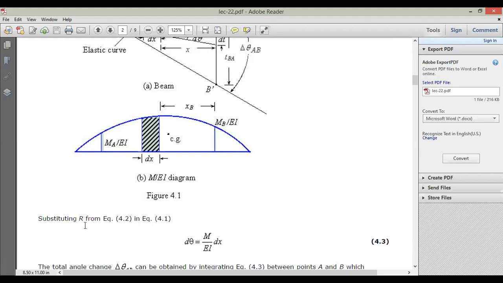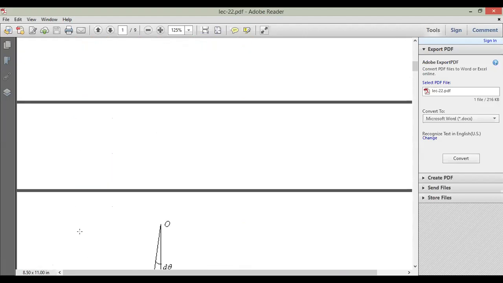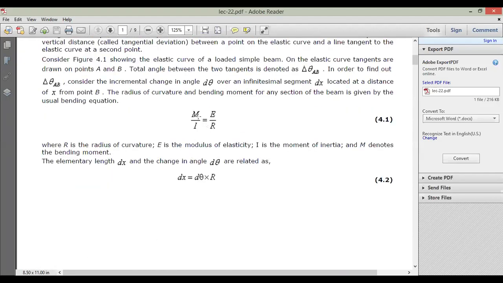Substituting R from equation 4.2 in equation 4.1. Equation 4.1 is the bending equation, and equation 4.2 is dx equal to d theta into R. Since angle equals arc upon radius, angle multiplied by radius will be the subtending arc.